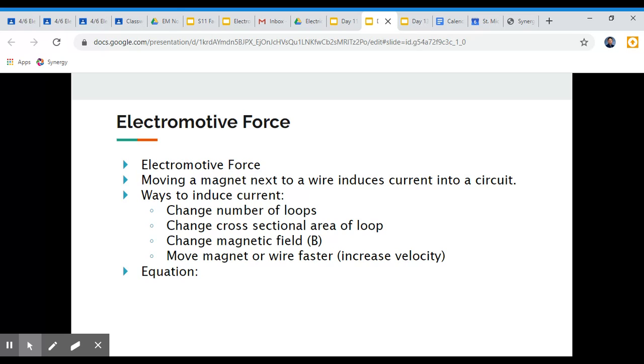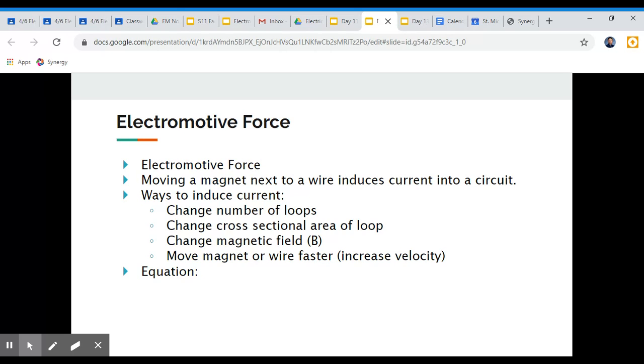A couple ways that you can do this: you can change the number of loops on a coil, you can change the cross-sectional area of the loop, you can change the strength of the magnetic field in Teslas, or you can move the magnet faster, or basically increase the velocity. The faster you move the magnet through the loop of coils, the more current you're going to induce into that coil.